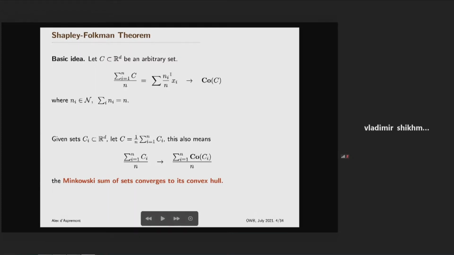This very much looks like a convex combination of points in C. So it makes sense that this mean will converge eventually, when n is large, towards the convex hull of the set C. And when you apply this to a set C which is itself the mean of arbitrary sets Ci, you show that the mean of the Ci's converges to the mean of the convex hulls. Okay?